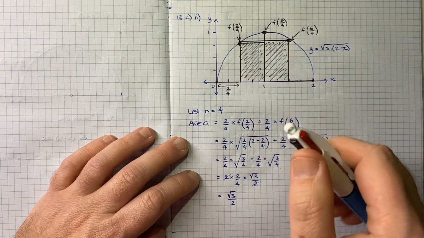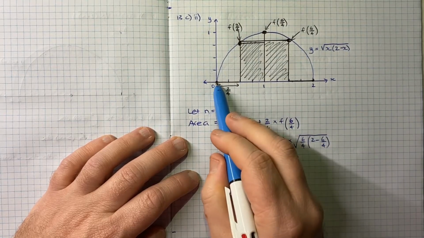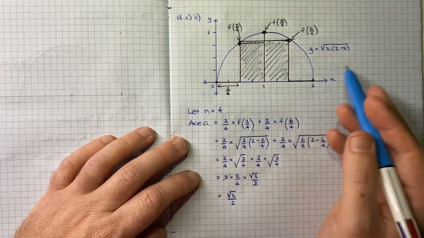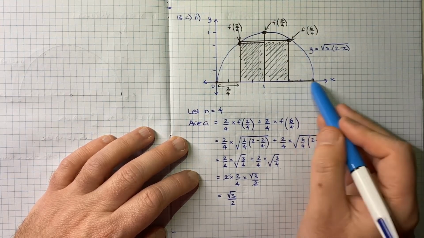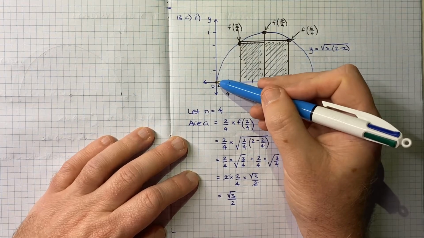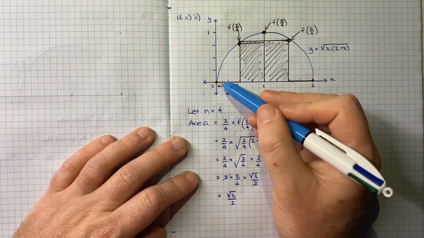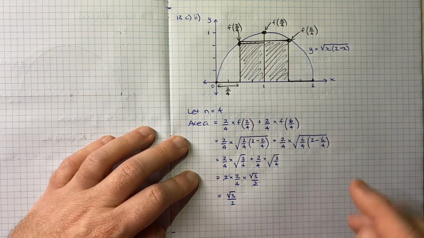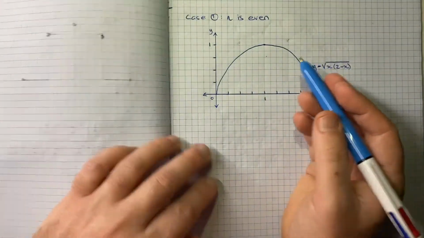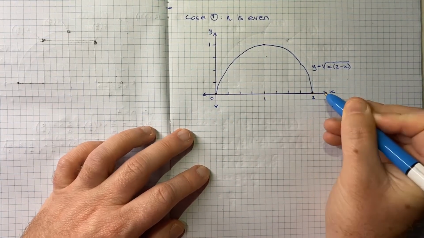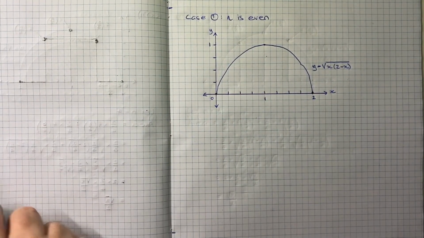The first thing worth noting is that our first and last rectangles will still have a height of 0, because for the rectangles beneath the curve, these first two have to have no height. So we're going to have nothing here and nothing here. That's the first thing to note.